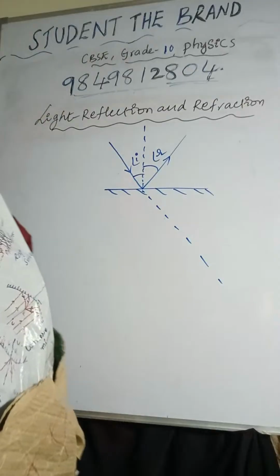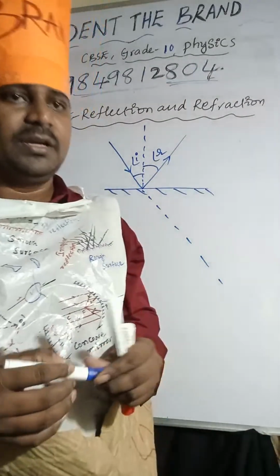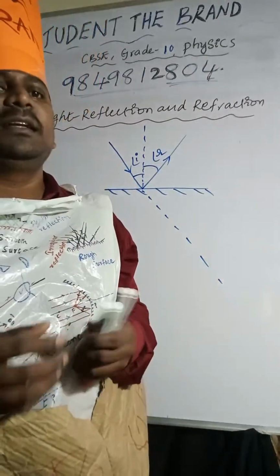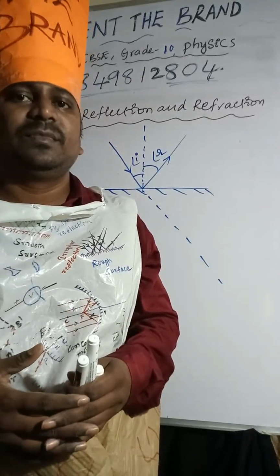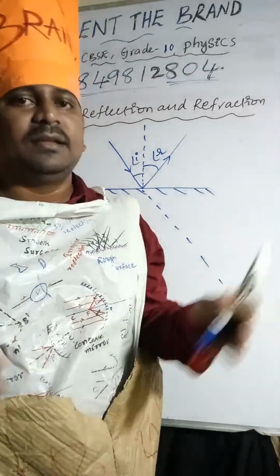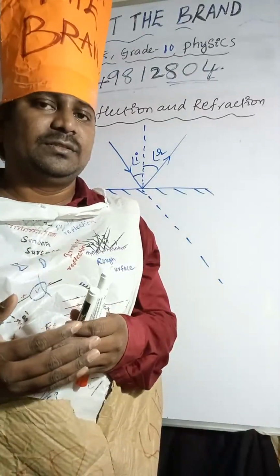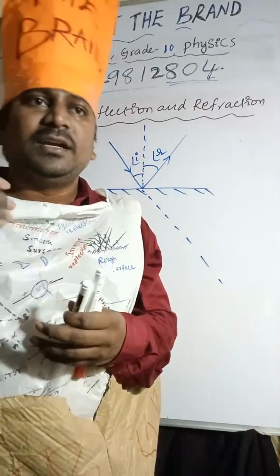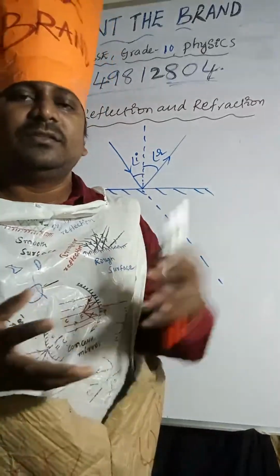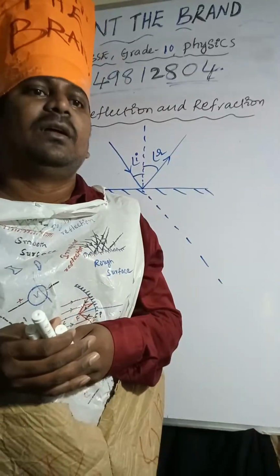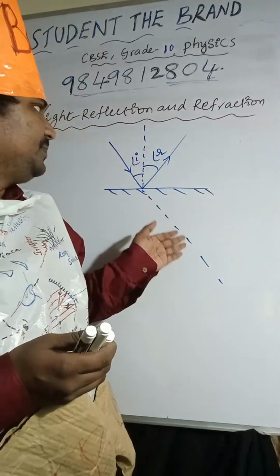When a light ray moves in a homogeneous medium, it does not change its direction or path, it moves in a straight line path. So here also, this is an undeviated line.